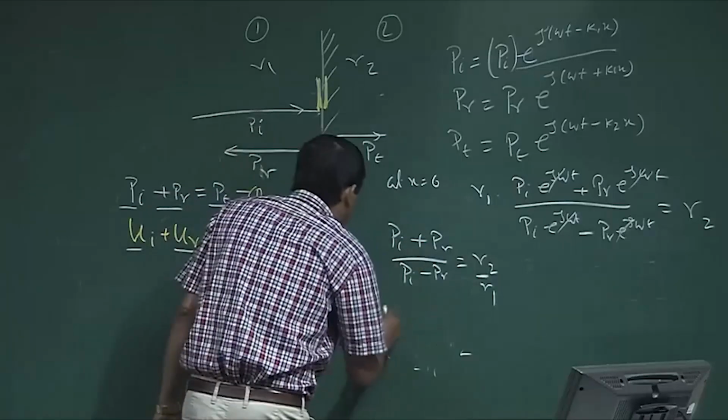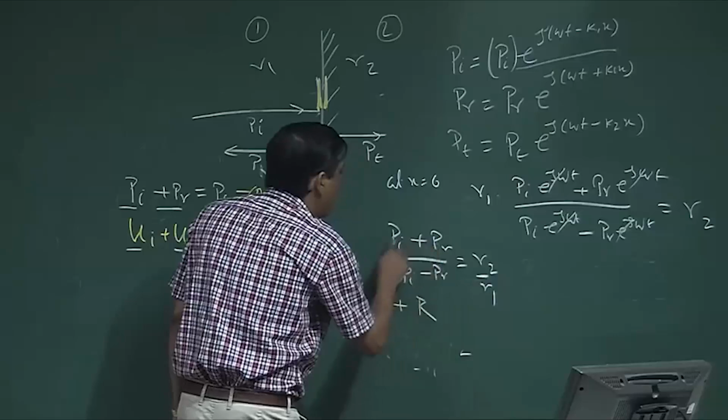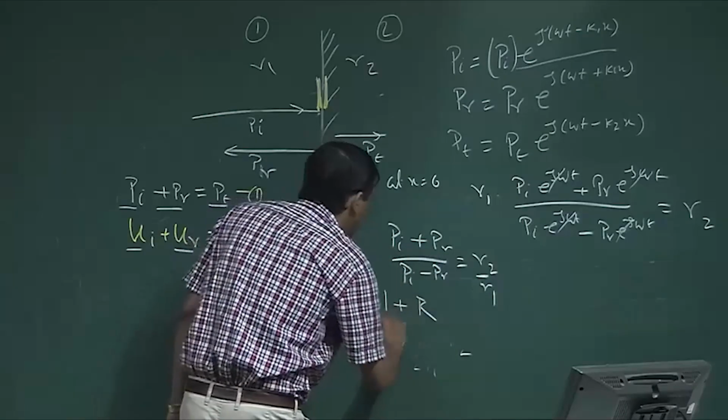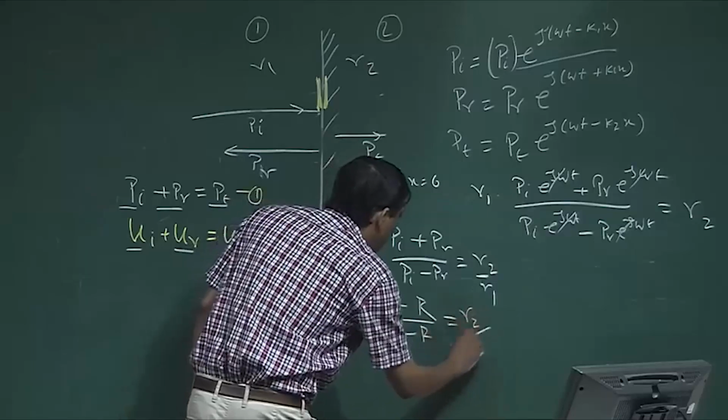Okay, so if I divide by Pi, 1 plus r, where r is PR by Pi, divided by 1 minus r is equal to R2 by R1.